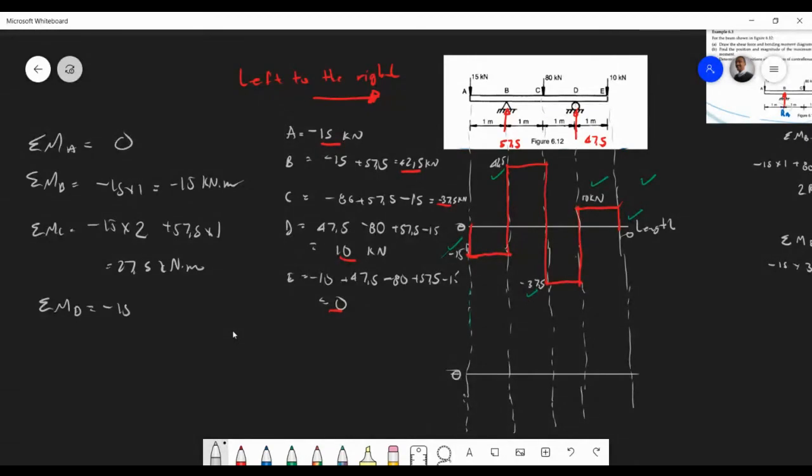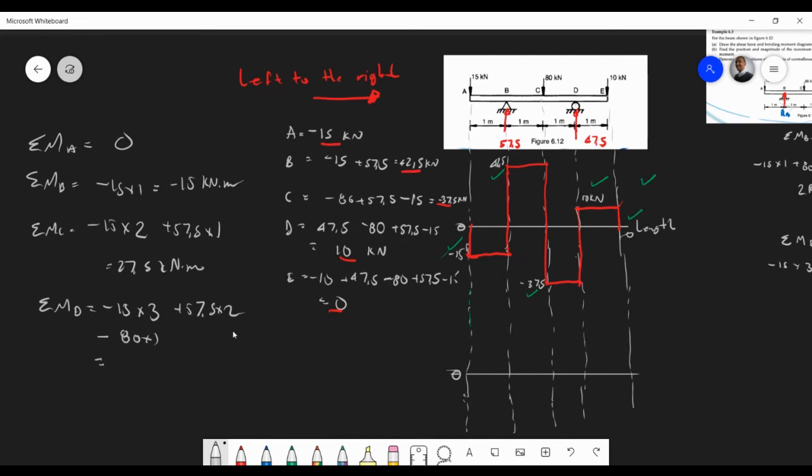So taking moments at D now. That's going to be minus 15 times 1, 2, 3. So that's 3. Then we've got plus 57.5 times 2, and then we've got the 80 there. So I'm going to have it under here if you don't mind. Minus 80 times 1.